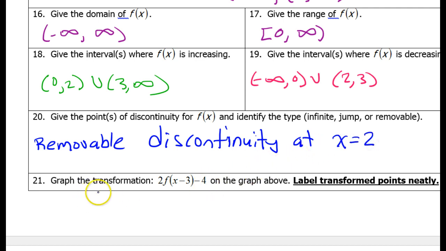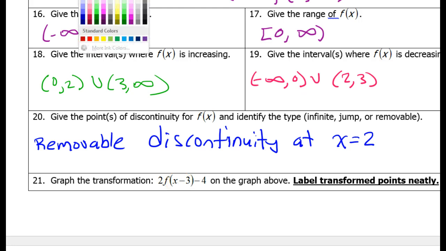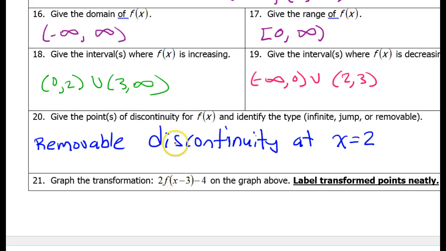Okay, last we are to graph the transformation of this piecewise function using this rule. So remember, any transformation happening outside the function is going to affect the y values. Okay, so y values.